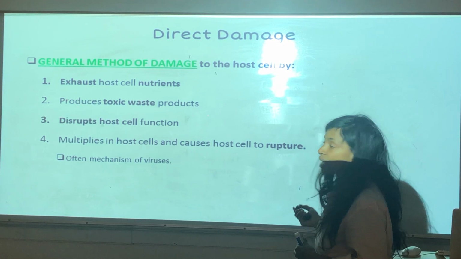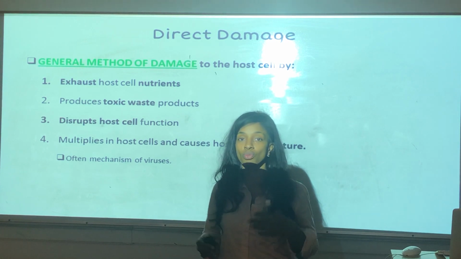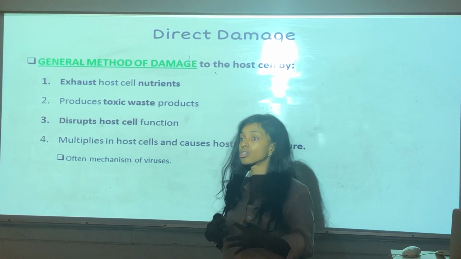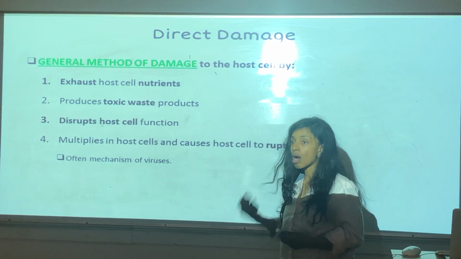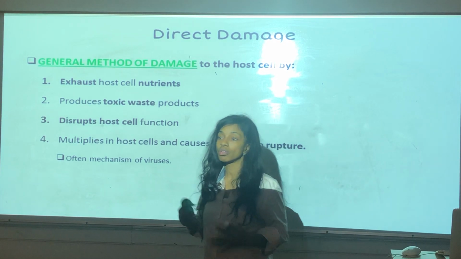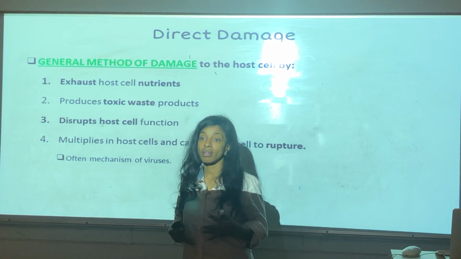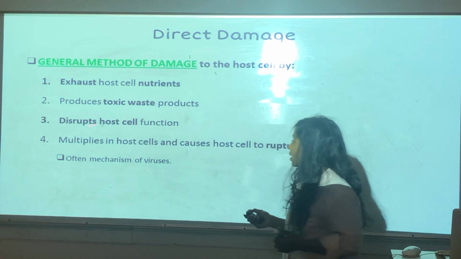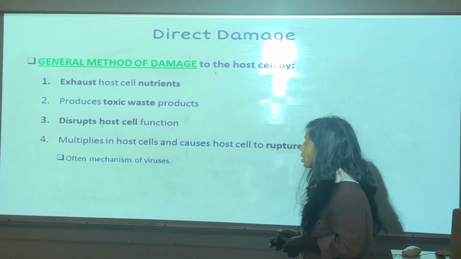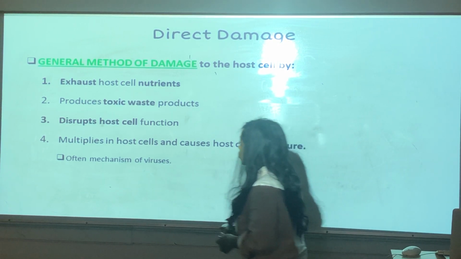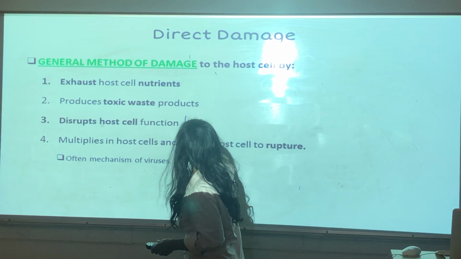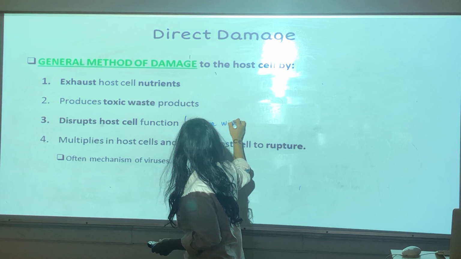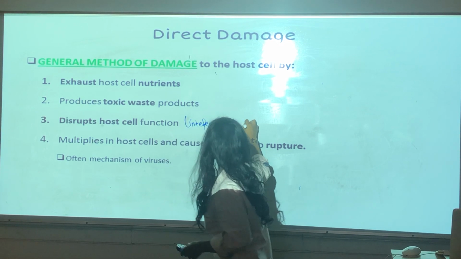Some of them will produce toxic waste. And toxic waste is just a matter of them being there, eating and growing, right? They're just secreting all this toxic waste, carbon dioxide, other chemicals into the body that just is not healthy for our cells. All right, number 3, they can disrupt the whole cell function. Some of these foreign invaders are able to interfere with protein synthesis, with protein function.